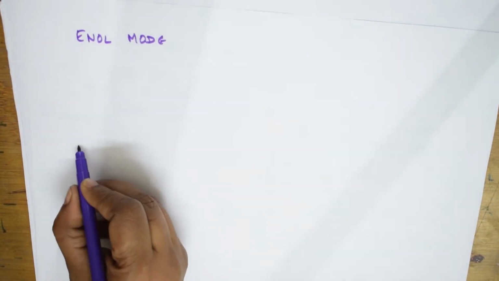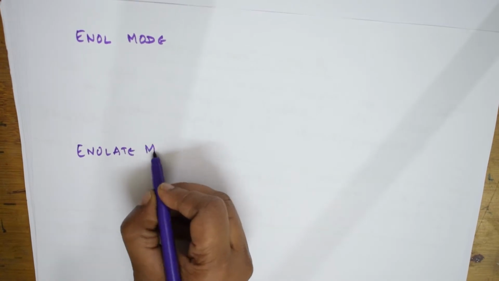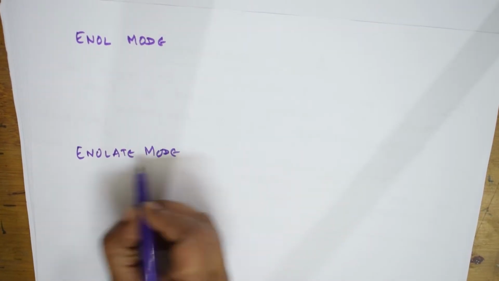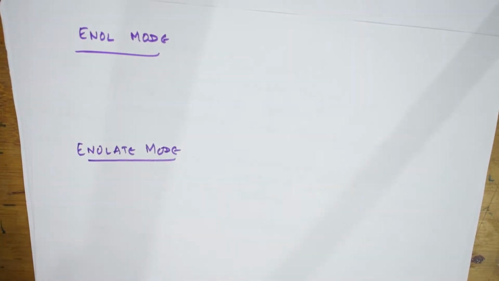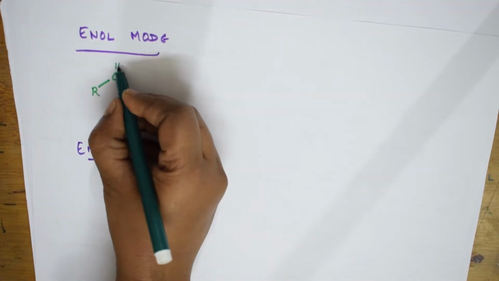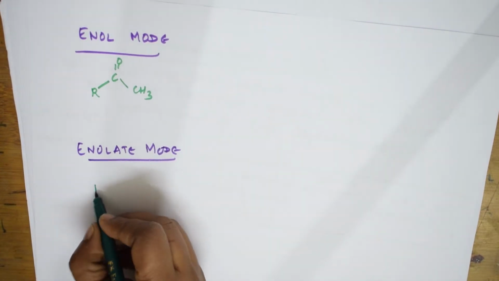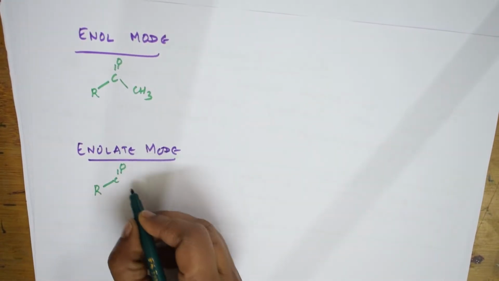One more, this is for your entrance exams, enolate mode. Now in enol mode, I'll just write the things. Suppose you're taking a ketone, let us take a ketone like R COCH3.